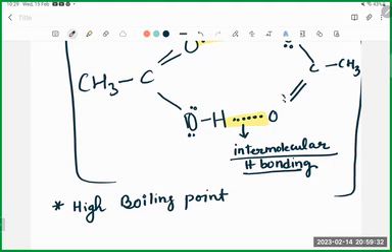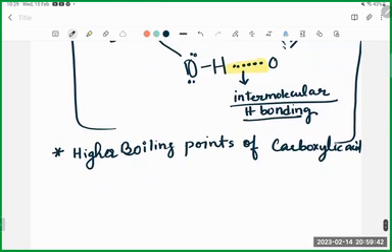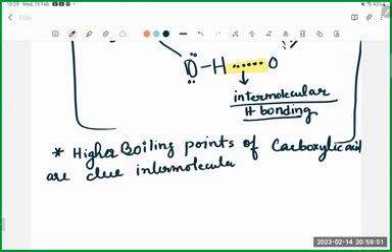Higher boiling points of carboxylic acids are due to intermolecular hydrogen bonding. Right? Yes, ma'am.